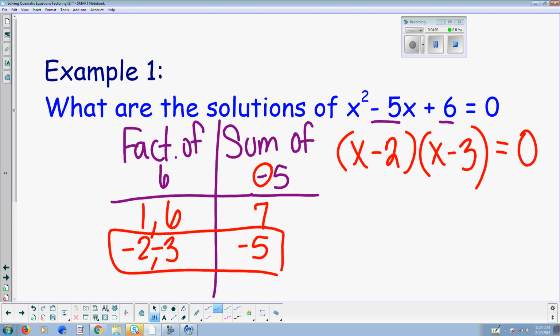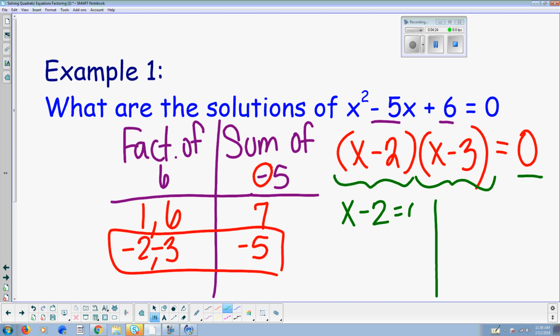So the zero product property tells us that if I multiply this first factor times this second factor and my product is 0, then one of those factors has to be 0, or both of them could be. And since both of them contain a variable, either one of them could actually equal 0.